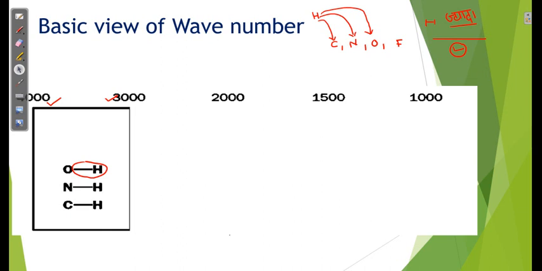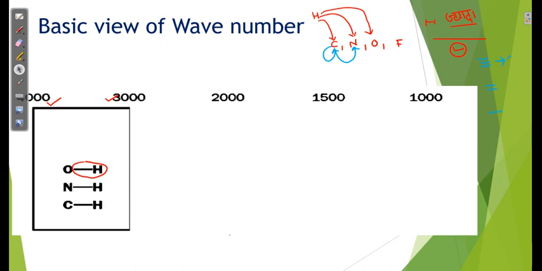Then we think about carbon. After bond length, another parameter, the number of bonds, also plays a role. So carbon with nitrogen triple bond, carbon with carbon triple bond. After that we have the double bond, then the single bond.